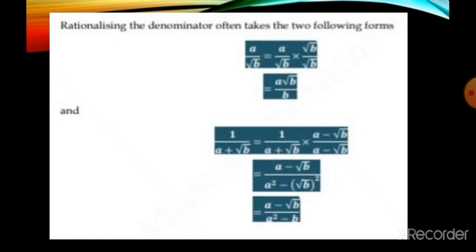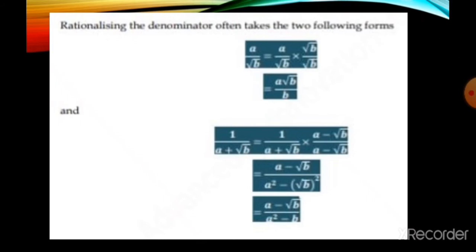If you are to rationalize a over root b, if you look at it, the denominator of the surd given does not have any sign therein. So all you just do is to multiply the numerator and the denominator by the denominator of that surd.